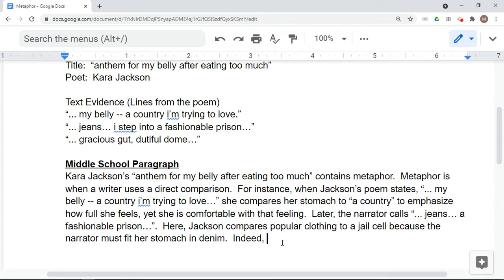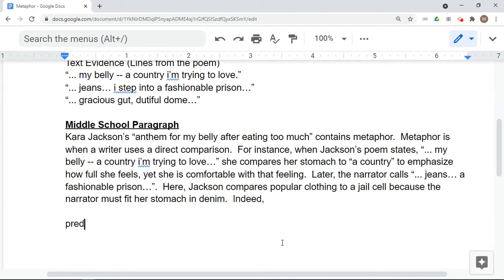That's an interesting predicament to think about, because on the one hand, she's trying to be comfortable with that feeling and who she is, but when you're snapping on those jeans and they're a little tight, that can create a level of discomfort. So I'm going to think about that for a minute, and that might end this paragraph, middle schoolers.